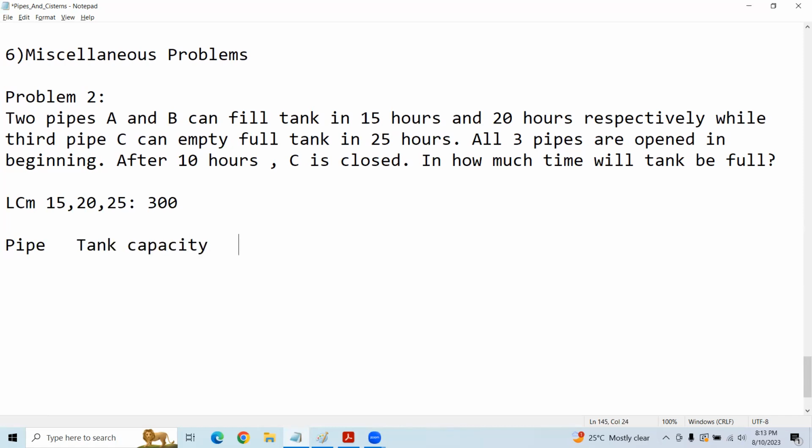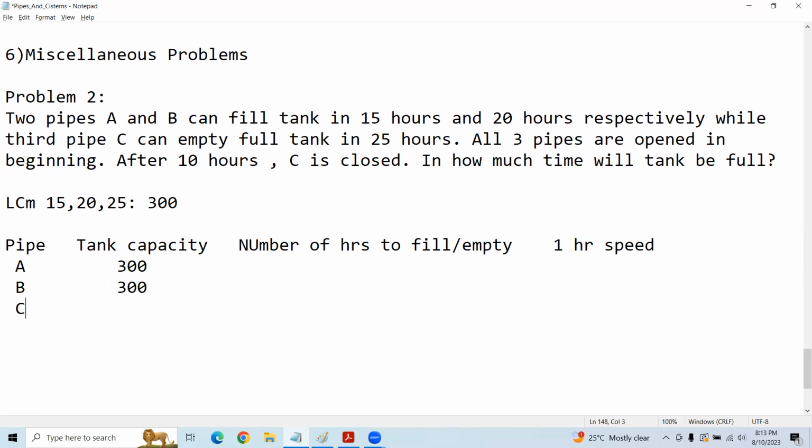C is the outlet pipe, because C is emptying the tank. For 1 hour speed, for pipe A, pipe B, pipe C, irrespective of any tank or any pipe, the capacity will be 300 only.